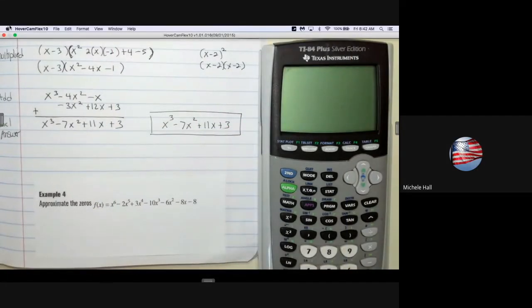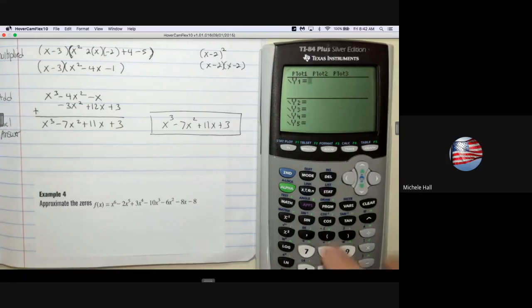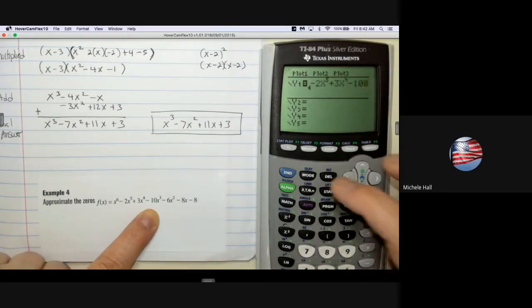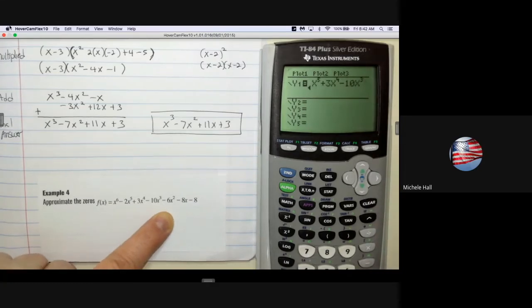Example 4, approximate the zeros of a degree 6. We're going to use our graphing calculator because we're approximating. We have x to the 6th minus 2x to the 5th plus 3x to the 4th minus 10x cubed minus 6x squared minus 8x minus 8.